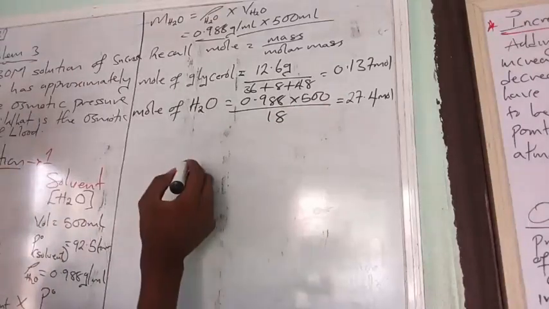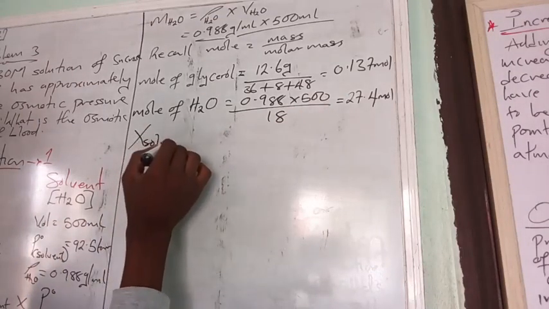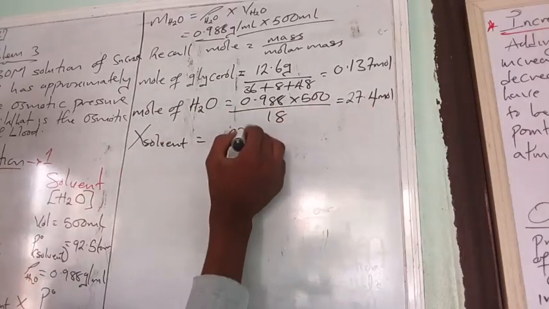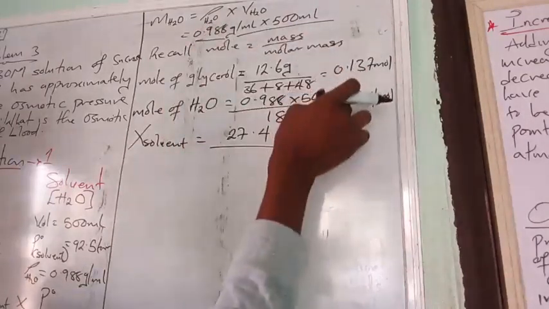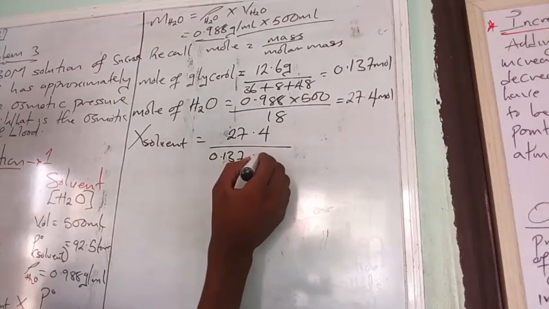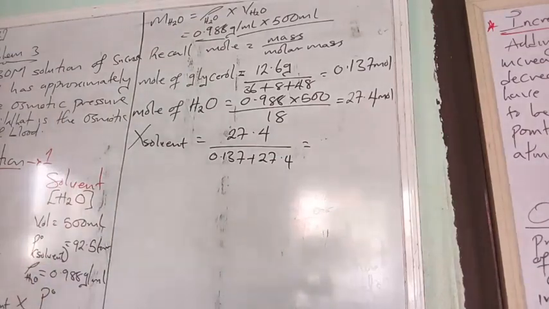Now that we have that, we can get our mole fraction. We say the mole fraction of the solvent is equal to the mole of water, because water is the solvent, 27.4, over the mole of the solution. The solution is the solute and the solvent together, so 0.137 plus 27.4. Are you getting that now?